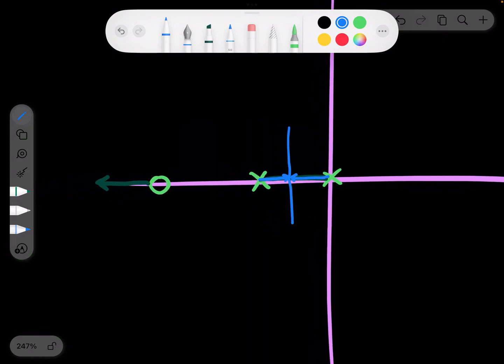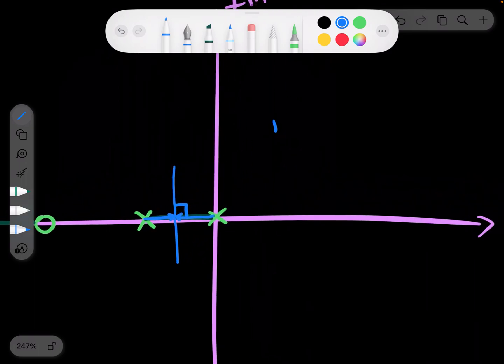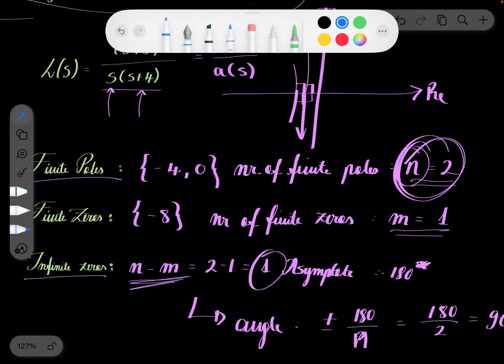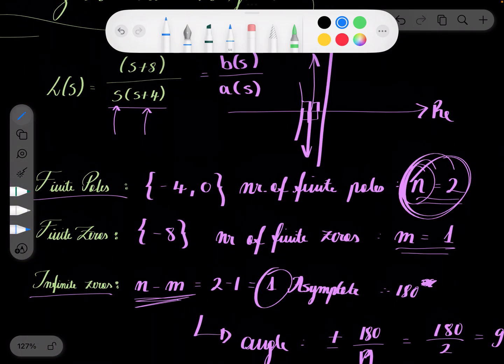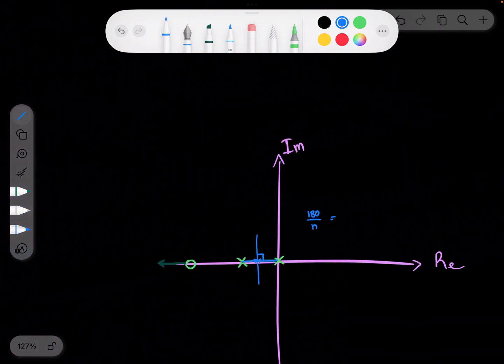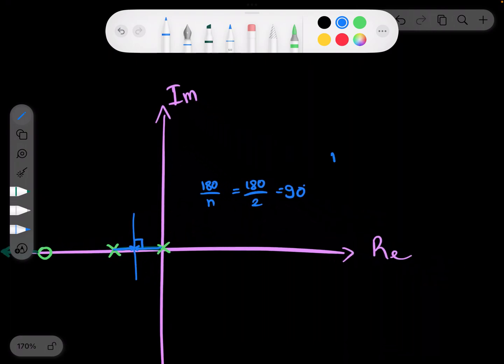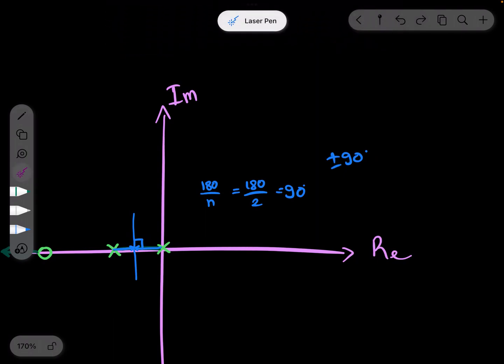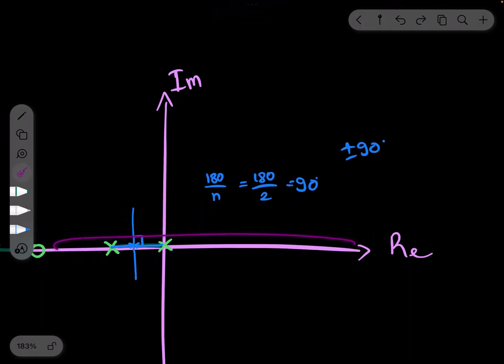You can find the angle at which they go off using this formula, 180 over n. In this case, n is 2. So 180 over 2 means 90 degrees. Plus or minus 90 degrees actually. So this one goes off at plus 90 degrees. And this one goes off at minus 90 degrees. From the real axes off into the plane.